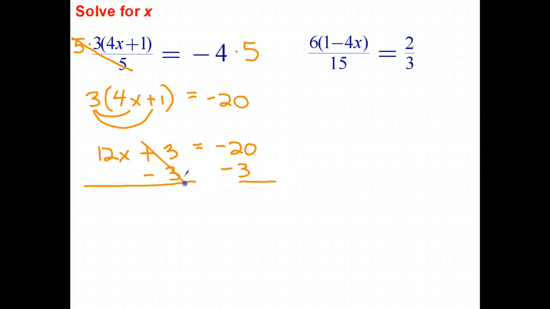Plus 3 minus 3 goes to 0, leaving just 12x equals negative 23. 12 doesn't go evenly into 23, so the answer is going to be a fraction, but that's fine. So divide both sides by 12, and x equals negative 23 on 12.